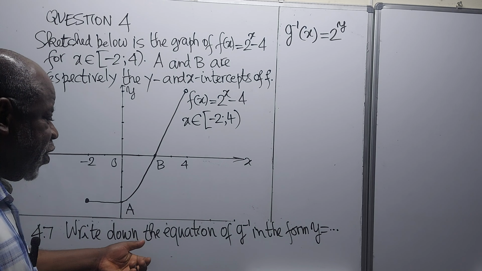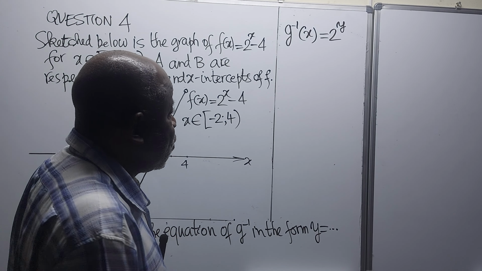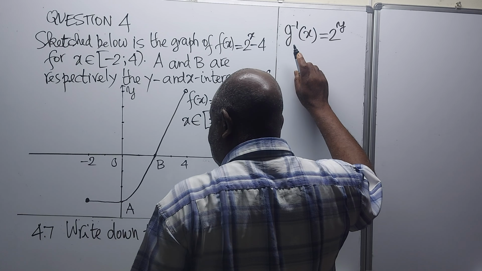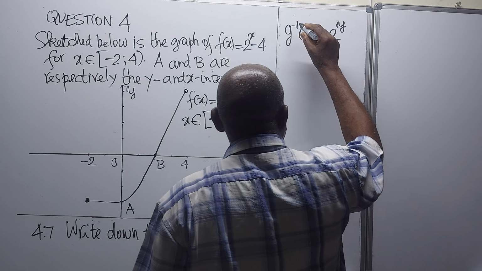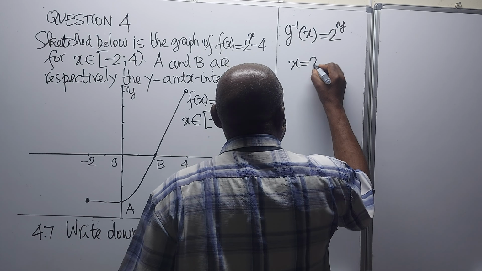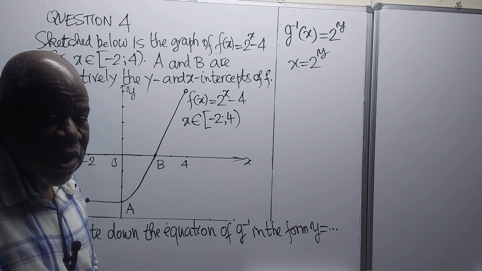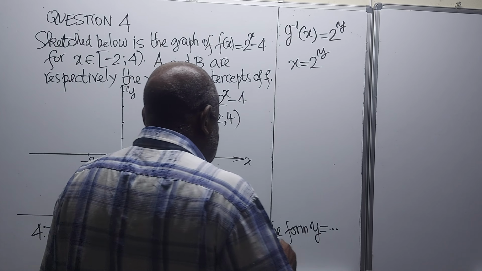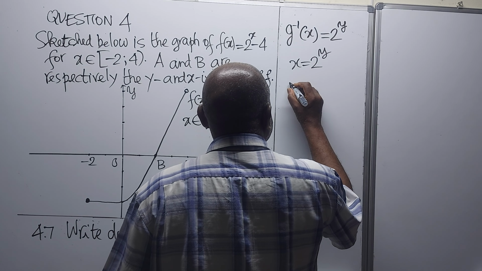4.7. Write down the equation of g of negative 1 in the form y is equal. So we got it already on the previous question 4.6 that the equation of g negative 1 of x is 2 to the power of y. I can also write it like this. Exchange x and y. Now, in the form y is equal, we're going to be taking the log of these two sides.